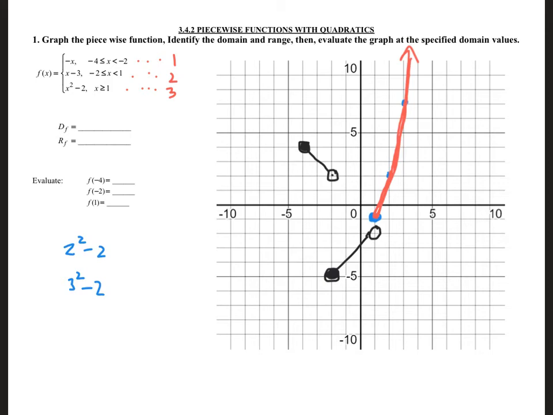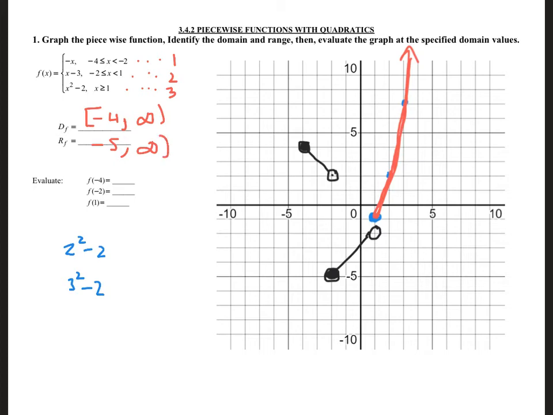Then let's find the domain of this function. The domain starts at -4 and keeps going to infinity. So -4 is included. What about the range? The lowest is -5 and goes to infinity.